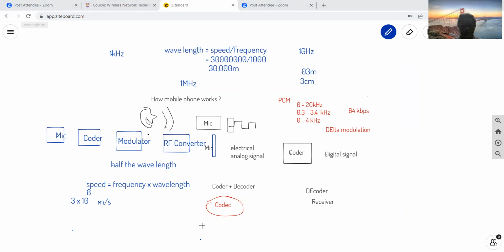Okay, one question. So the answer for 1 kilohertz should be 300,000. Yes, 300,000 meters. 1 megahertz should be 300 meters. Yes, that is correct. 1 gigahertz should be 0.3 meters.